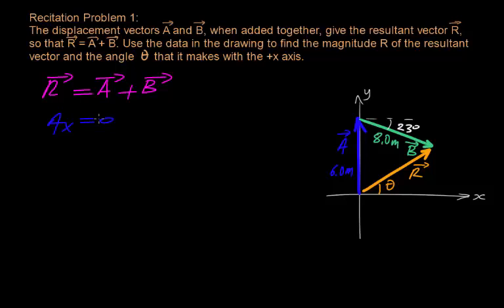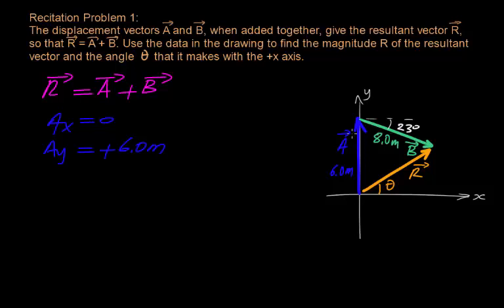Any vector that is parallel to the x has 0 y component. The y component for A, however, is the entire amount of A. The only thing you need to be careful with is the sign of that component. Positive in this case because it's pointing straight up towards the positive y, 6.0 meters.